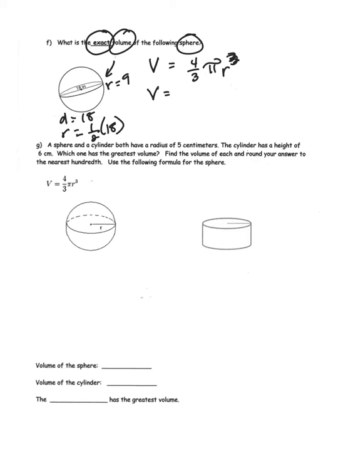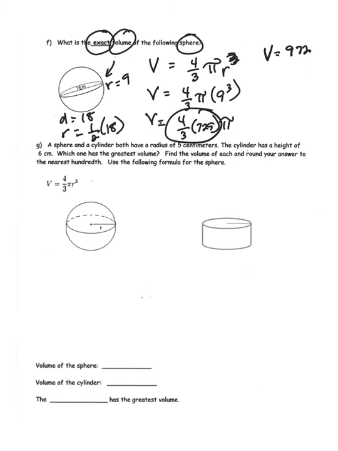So filling in the formula, we have 4/3 times pi times 9 raised to the 3rd power. 9 raised to the 3rd power is 729. And I'm just going to shift the pi to the back. 4/3 times 729 is 972.